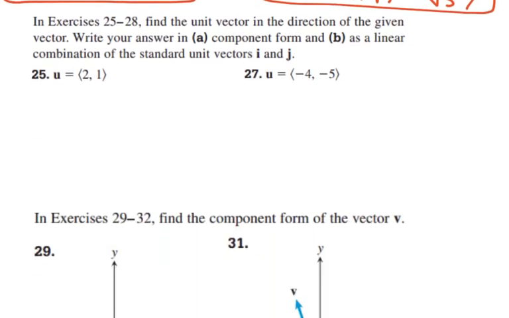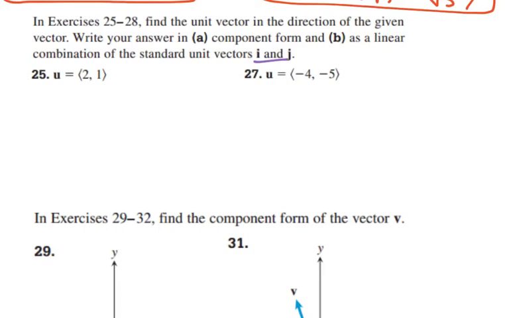Moving on, we want to find a unit vector in the direction of the given vector and write your answer in component form and as a linear combination, so just with those i's and j's next to it. So we're finding a unit vector in the direction of the given vector. Alright, so here we are with our unit vector.